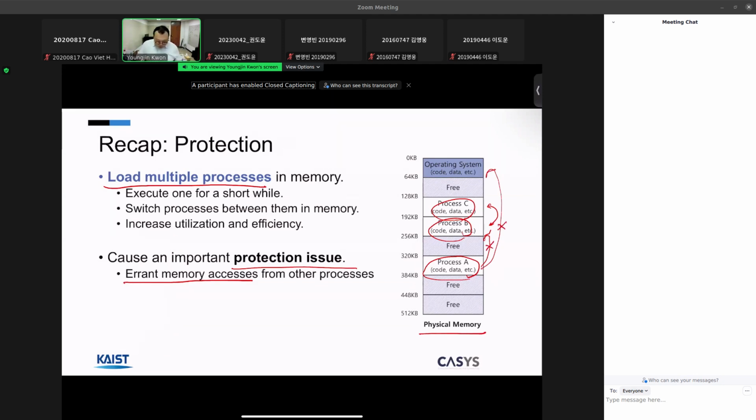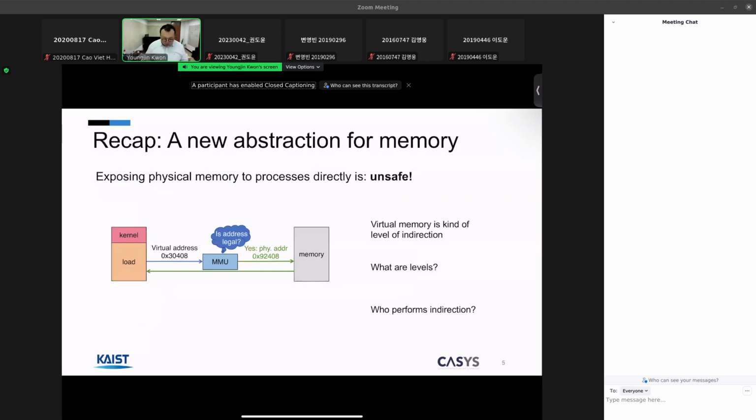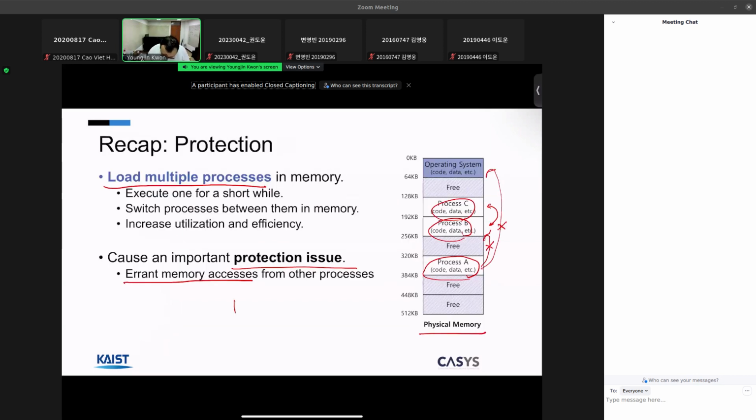To allow protection, the basic way we learned is making each process run in a separate address space, address space 1, address space 2, different address spaces. What mechanism allows these different address spaces? Virtual memory.